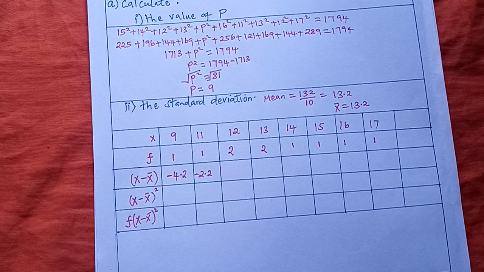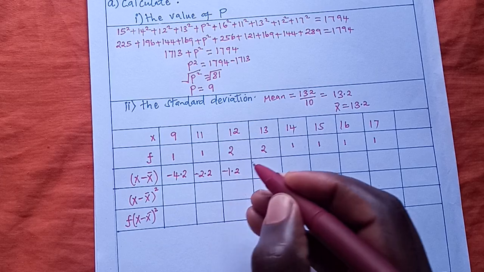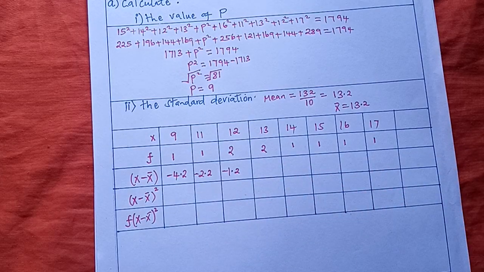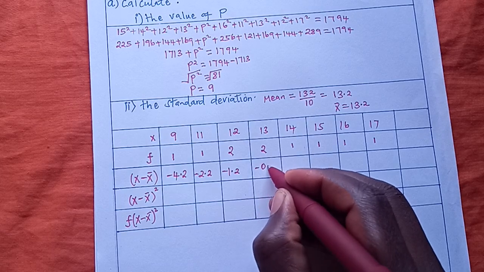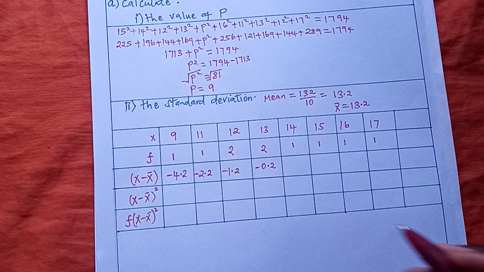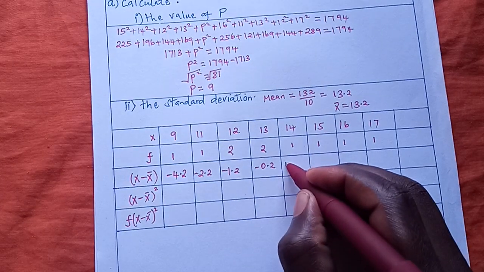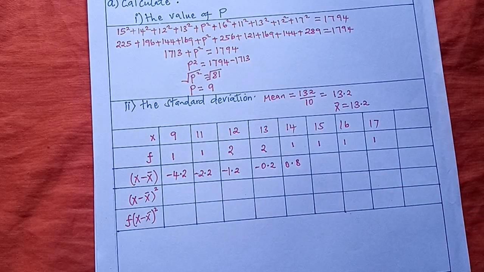We're going to get negative 1.2. 13, you take away 13.2, it is going to give us negative 0.2. 14, you take away 13.2, we are going to get 0.8. This time round it is a positive.